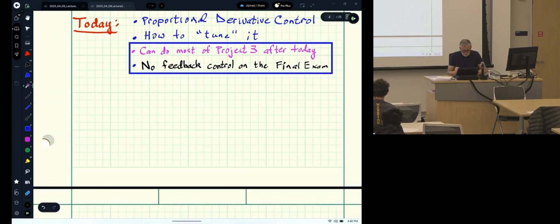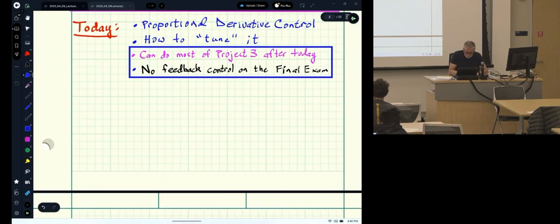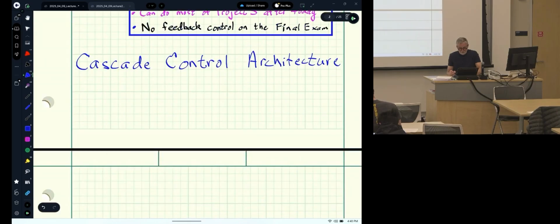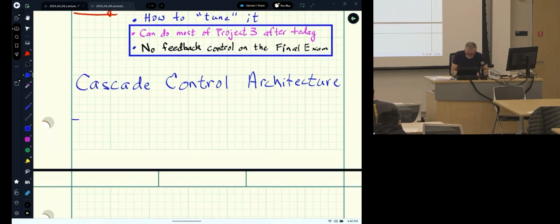Okay, so here's our first new thing for today. It's called a cascade control architecture, and it's the one we're going to adopt. It's going to have a reference just like our previous one, plus, minus.